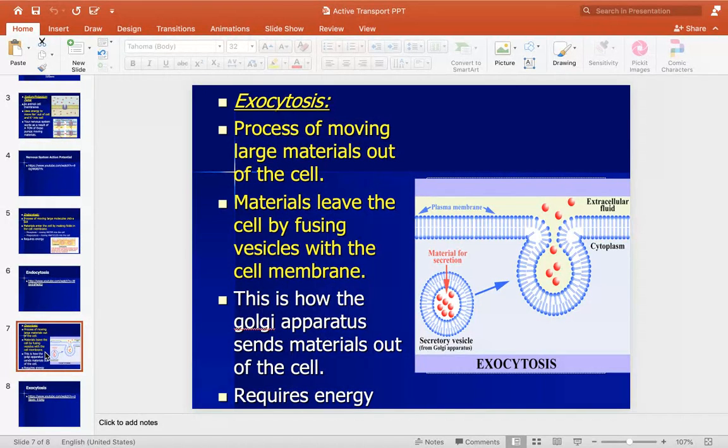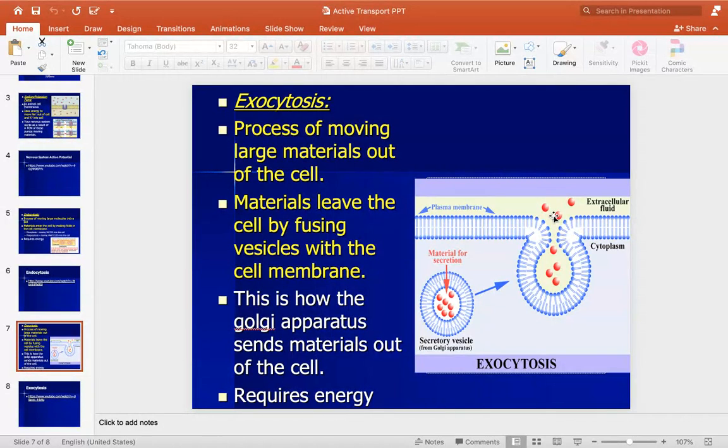It's an active transport mechanism where large materials or large amounts of materials are moved out of the cell. So what happens is the cell fuses that vesicle with the cell membrane, and then that vesicle opens up to the outside and the materials are released from the cell.